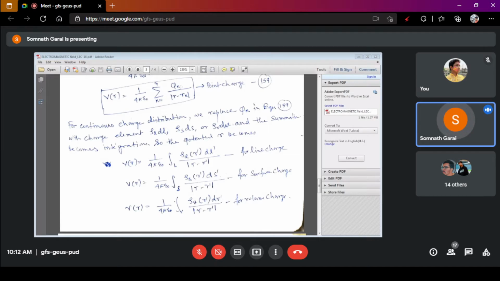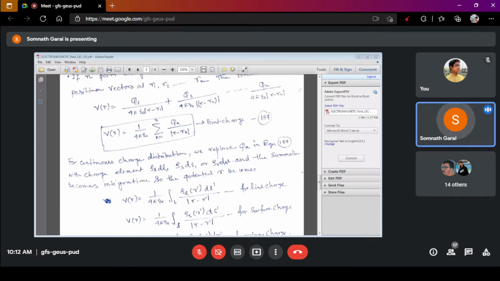That means q1 is situated at the r1 vector position, q2 is situated at the r2 vector position, q3 at the r3 vector position, similarly qn is situated at the rn vector position, right? So these position vectors r1, r2, r3, up to rn are not along a line, a surface, or a volume.